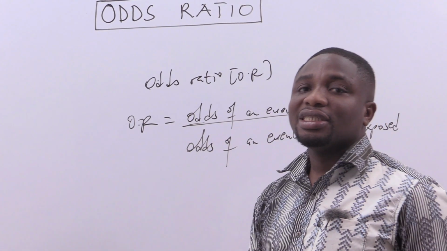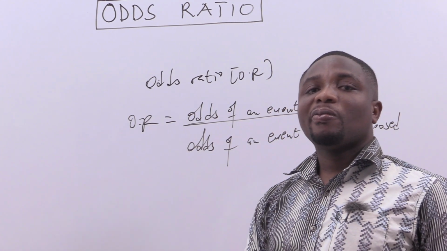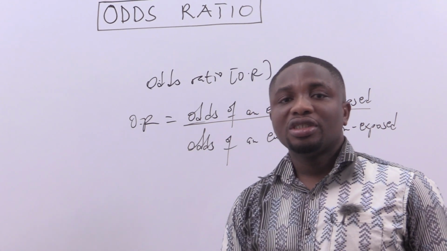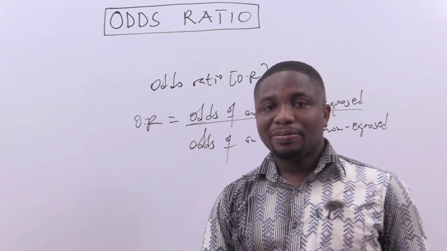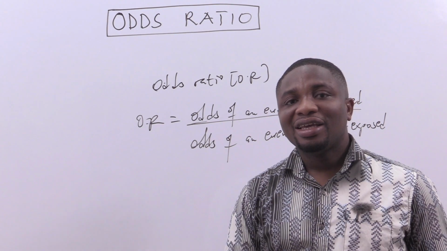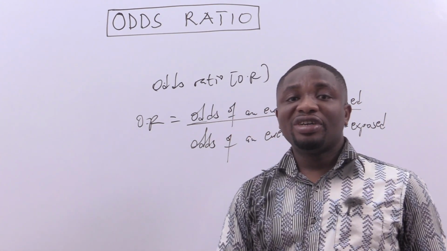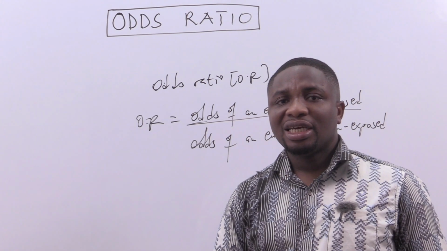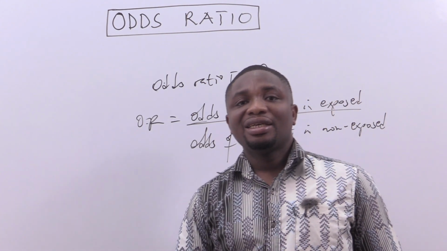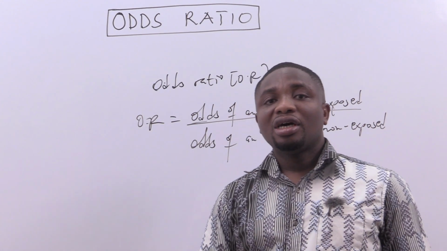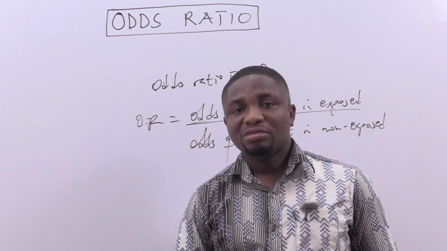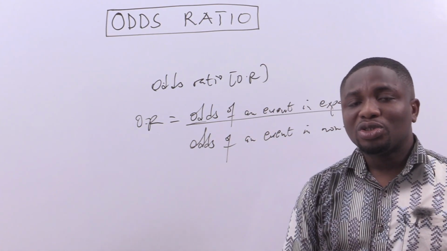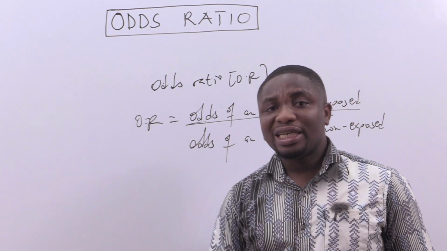What this means is that if you take, for example, 100 people who have been exposed to a particular risk factor, and let's say 70 out of these 100 developed the disease, and the remainder 30 who were also exposed did not develop the disease, then how would you get the odds of the event or the disease in the exposed?